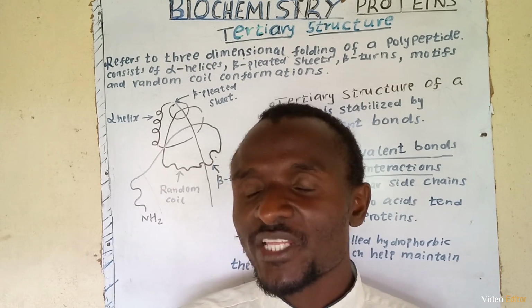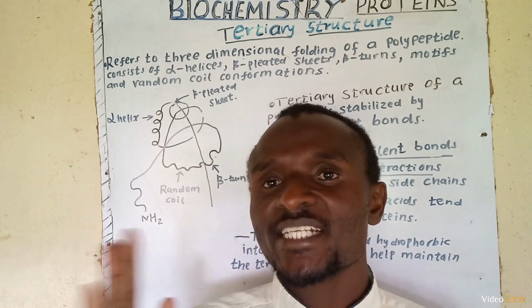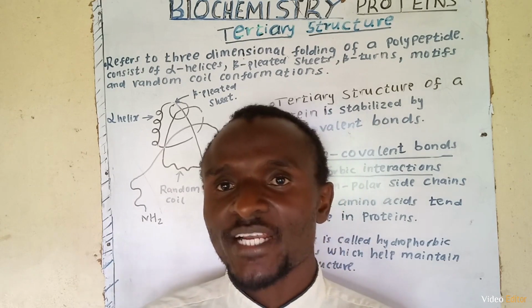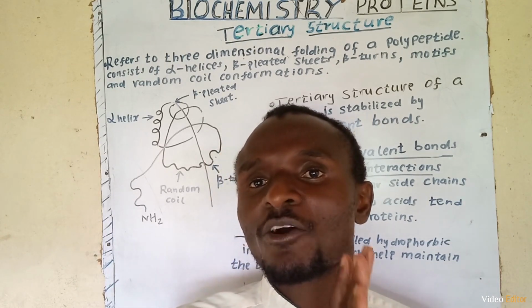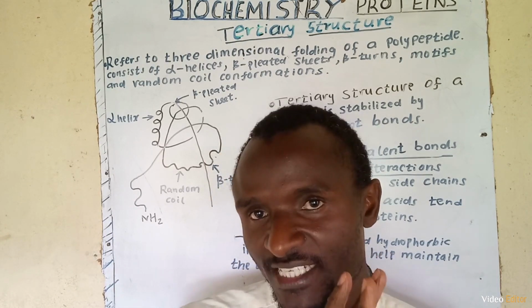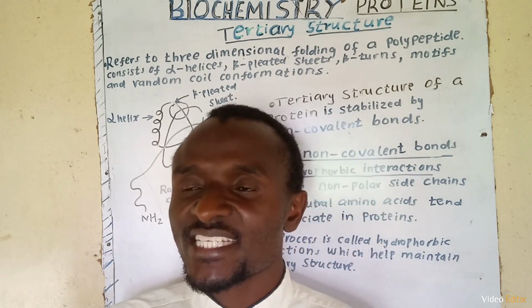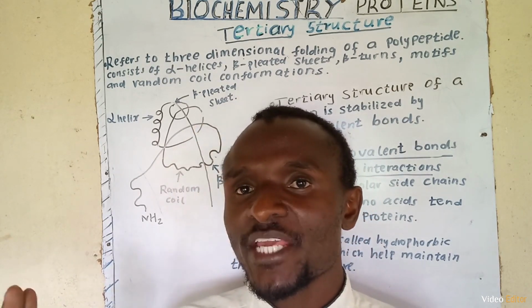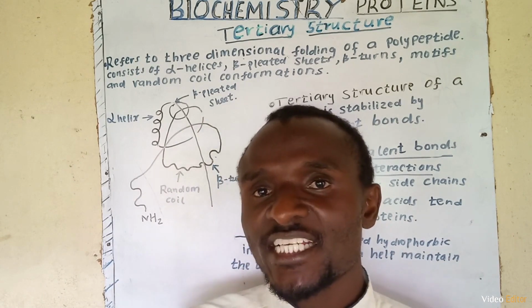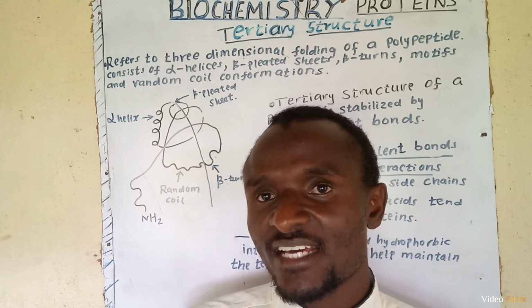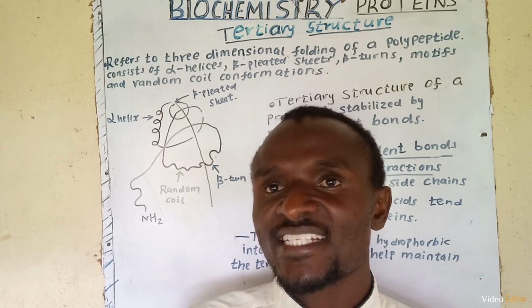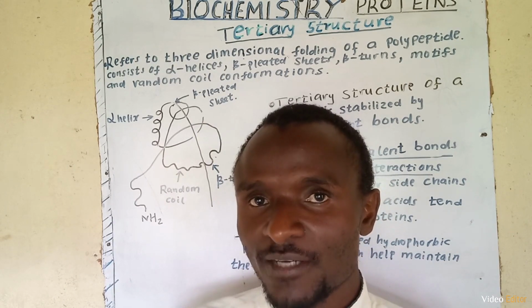So this refers to the interaction between oppositely charged groups. For example, the amino end of lysine is positively charged, while the carboxyl group of aspartate is negatively charged at a physiological pH. So these oppositely charged groups tend to interact with each other. So through this interaction, they stabilize the protein structure.